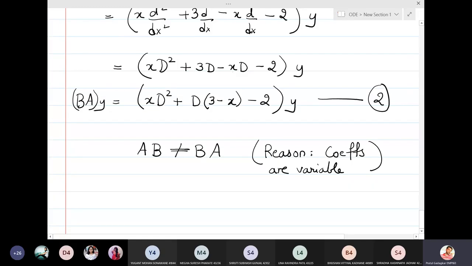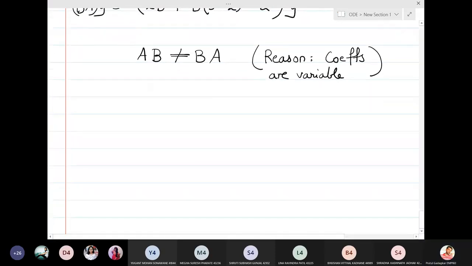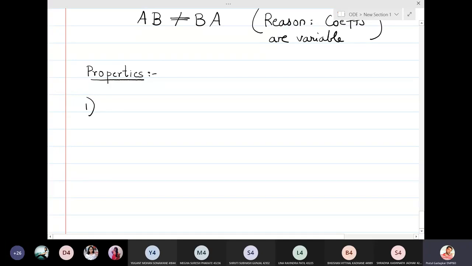Okay. Now what we will do is we will see some properties of these differential operators. Let me write some properties. If you carefully notice, if I'm having d square and then I'm having d cube, what does this come out to be?